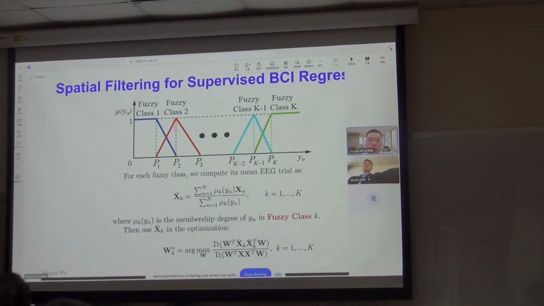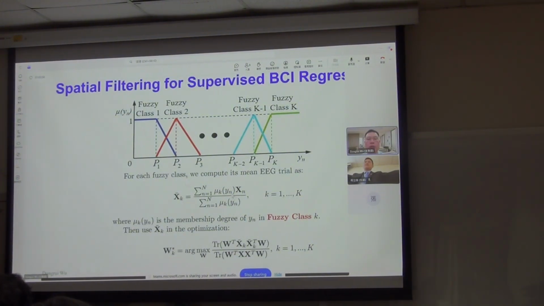For example, for the first fuzzy set, the first fuzzy class, we check which training samples belong to the first fuzzy class, and for each sample, its membership grade to that fuzzy class is denoted by this mu k here. Then we can compute the mean trial for that fuzzy class using this equation.